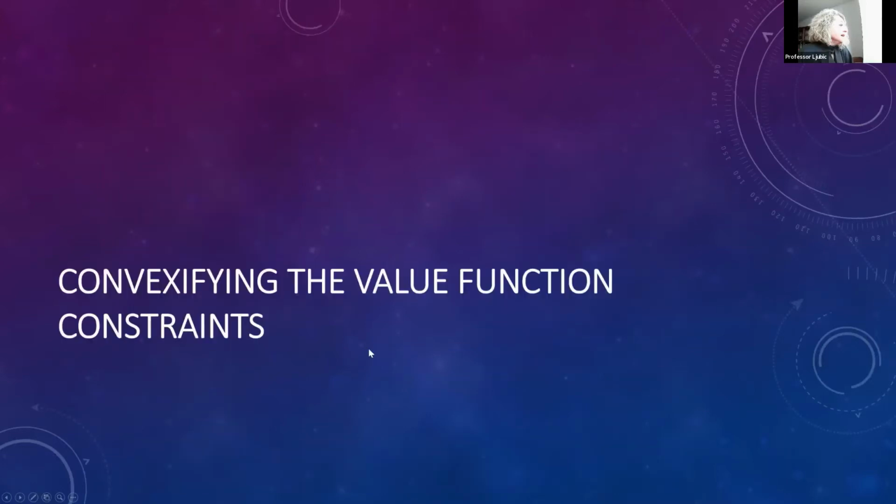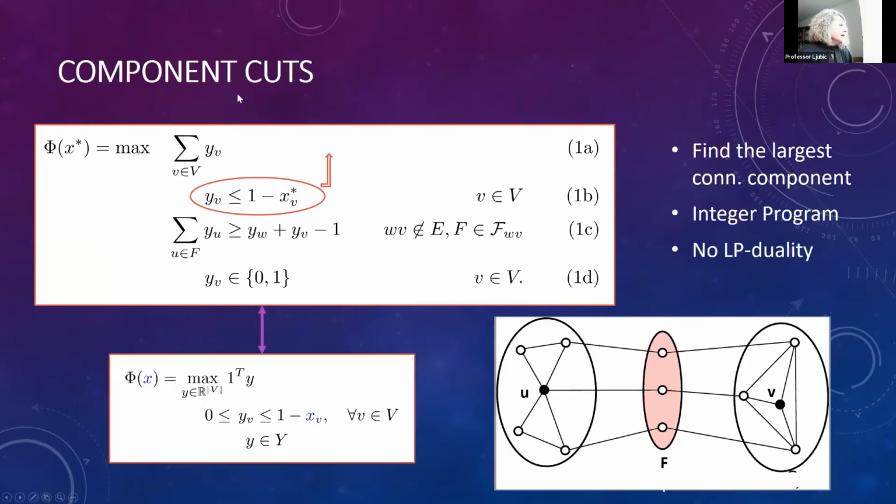So for the component cuts, which I'm going to introduce first, remember the goal of the follower, this is the lower level optimization problem, is that once the decision of the leader is given, which is x star, the follower wants to find the largest connected component. We can model this as another integer linear program like this one.